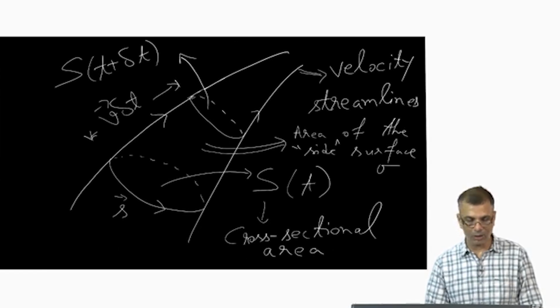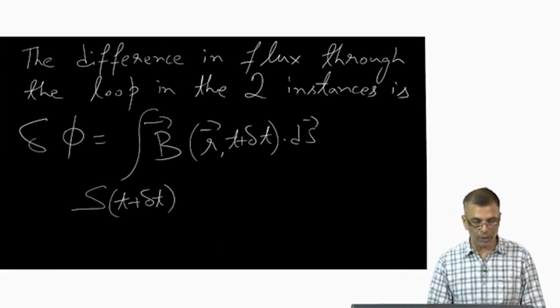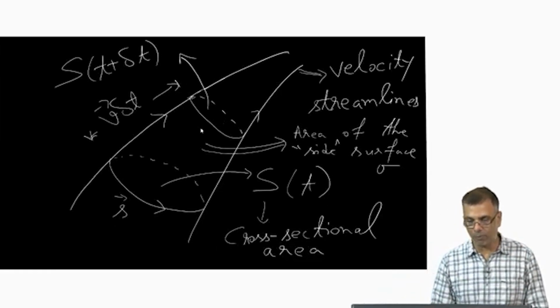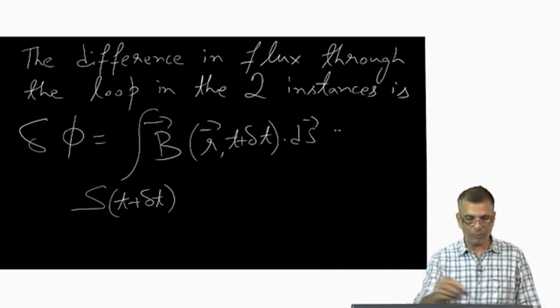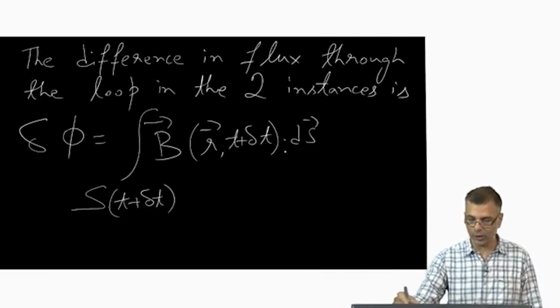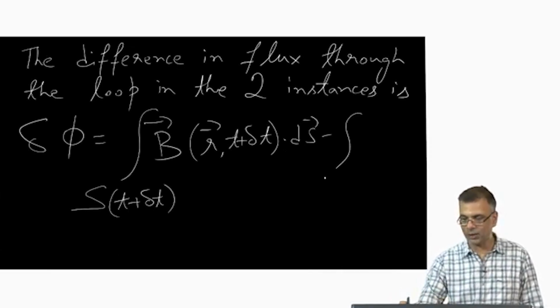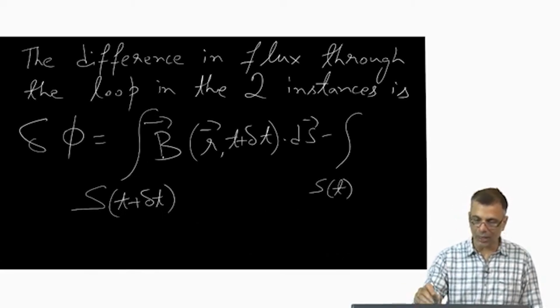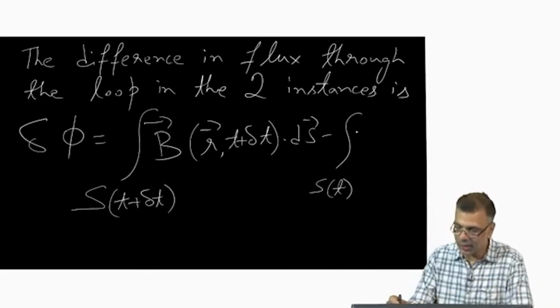So we are now looking at the difference in flux: the phi at this instant minus the phi at this instant. Now what's the phi at this instant? It's quite simple. The same kind of expression, except instead of S at t plus delta t, I just have S at t, and instead of B at r and t plus delta t, I just have B at r and t.